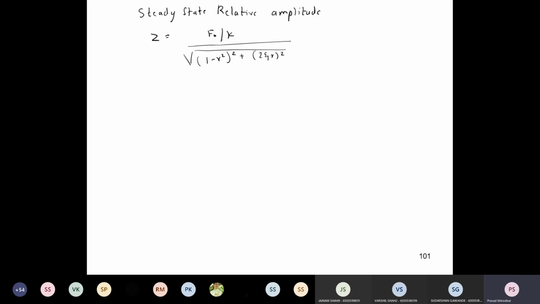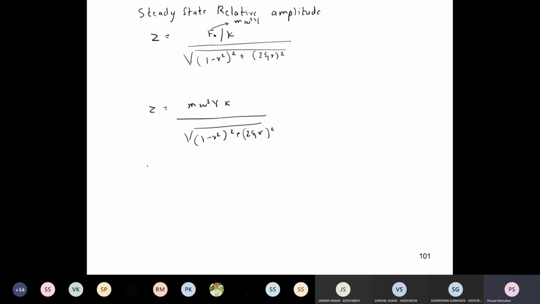Substituting f0 equal to m omega square Y, Z becomes m omega square Y divided by k, over the same square root.